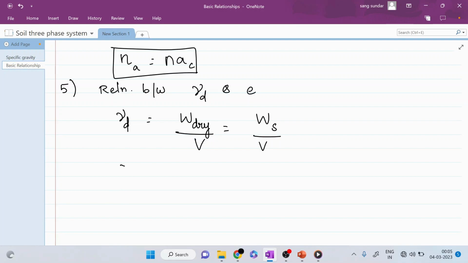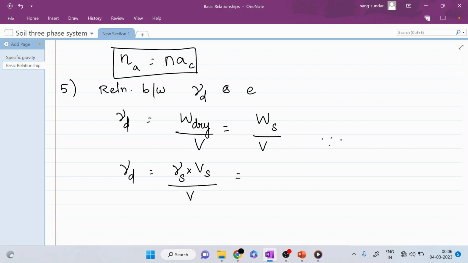Right? And whenever weight of solids comes into the picture, let me write it in terms of unit weight of soil solids into volume of solids divided by V. And when unit weight of soil solids is there, I can bring specific gravity into the picture. How?